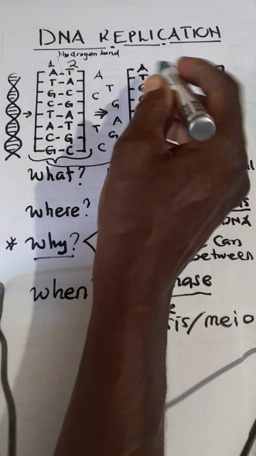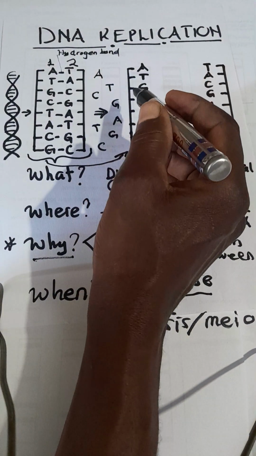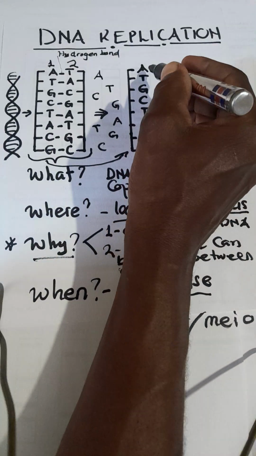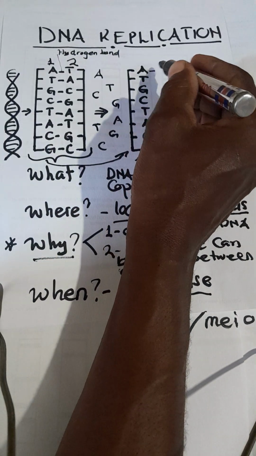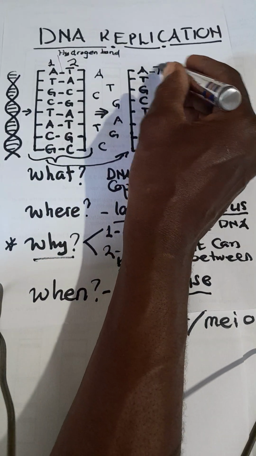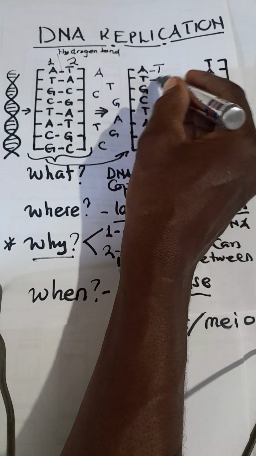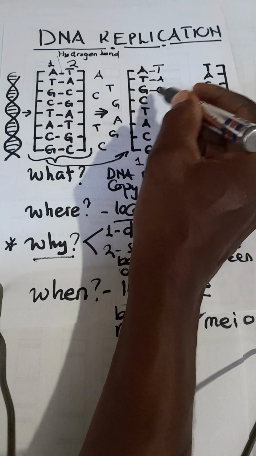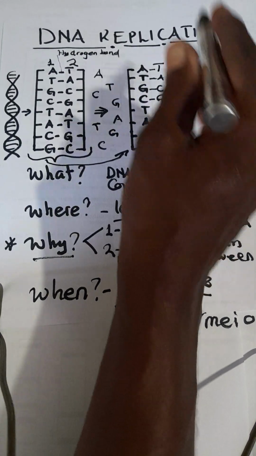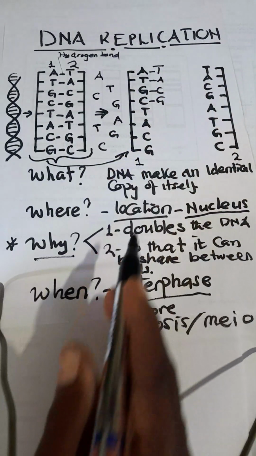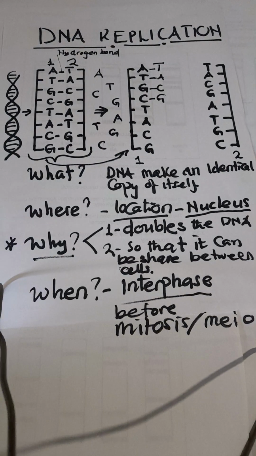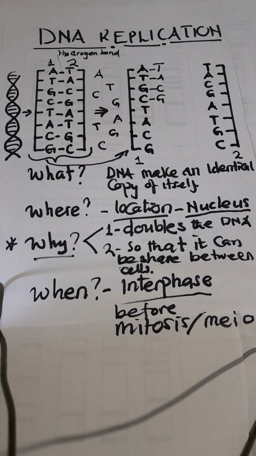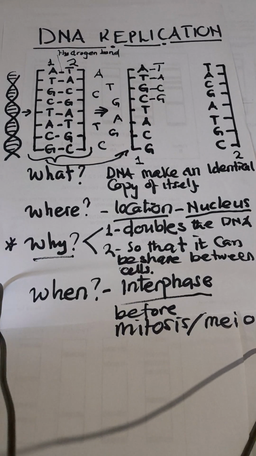So in this case, the free nucleotides are going to line up there, whereby A is going to invite T, T is going to invite A, G is going to invite C, and C invites G. It goes on and on like that, where the base pairs link up the way they are supposed to bond, like I've indicated.